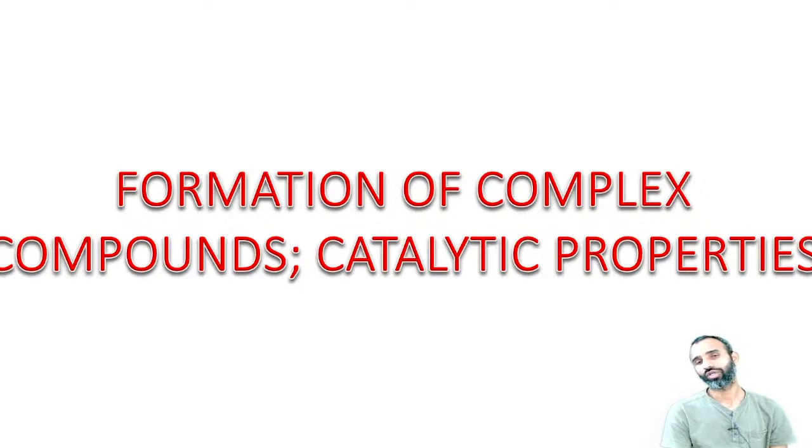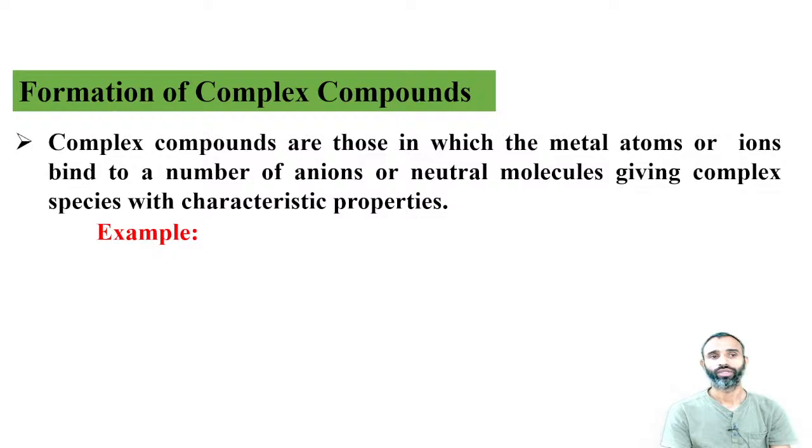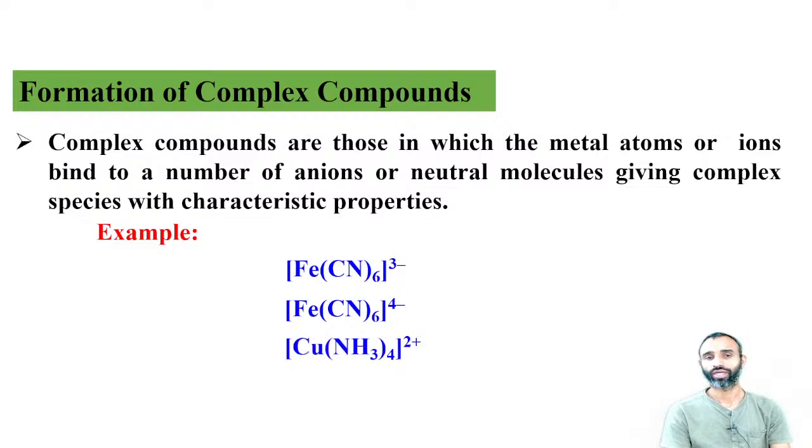Now formation of complex compounds and catalytic properties. Complex compounds are those in which metal atoms or ions bind to a number of anions or neutral molecules, and they give complex species with characteristic properties like Fe(CN)6 3 negative, Fe(CN)6 4 negative, Cu(NH3)4 2 positive, PtCl4 2 negative.